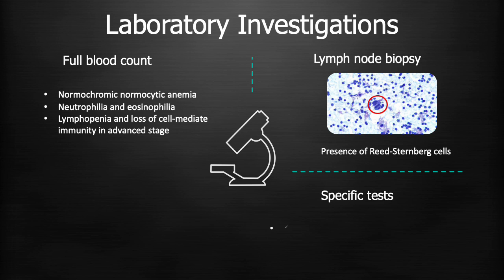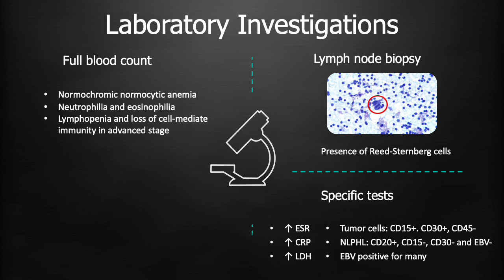In specific tests, the ESR and CRP are usually raised, but increase of serum LDH is seen in 30 to 40% of the cases. Reed-Sternberg cells stain CD30 and CD15 positive in immunostains, but CD45 negative and negative for other B cell markers too.